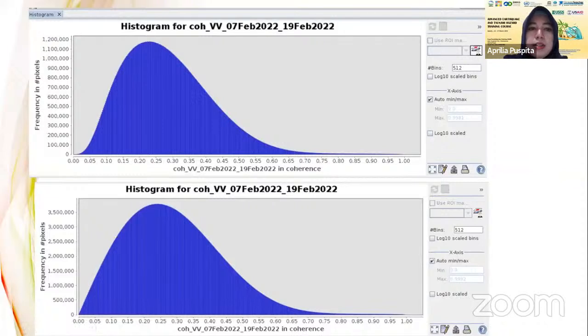Yes, this is because the success of SNAPHU, or the unwrapping process, depends on the coherency value.